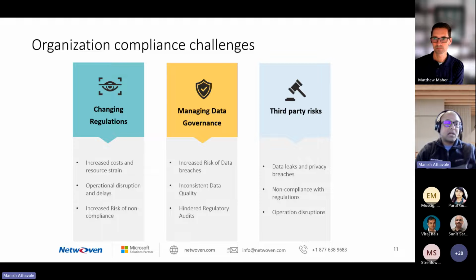Heightened risk of non-compliance, right? If your organization fails to properly understand and implement new regulations, they are just exposing themselves to legal penalties, correct? And then there is reputational damage and operational consequences to it as well. So ensure that the regulations you follow are being looked at.